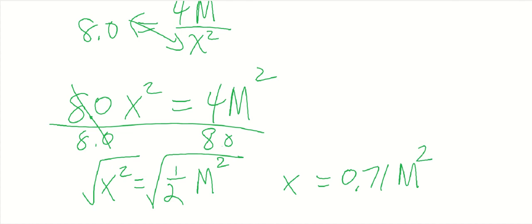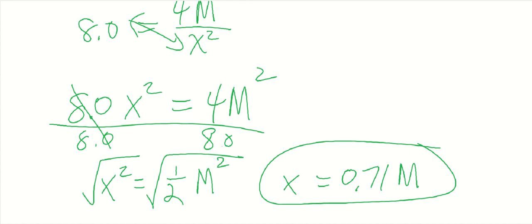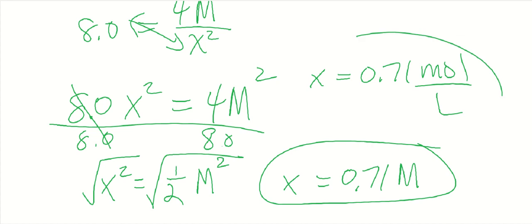And look at that, that is a concentration, a unit of concentration. So there is the final answer. Because molar is moles per liter, you can also write that as 0.71 moles per liter. They both work.